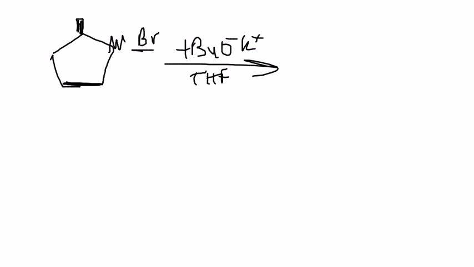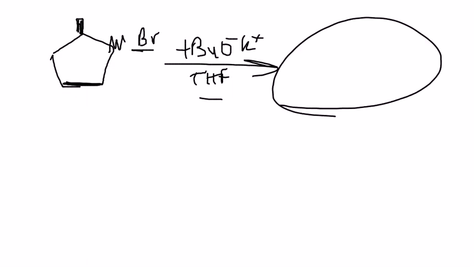I have a bromine attached onto a ring. We have a t-butoxide, again THF, and you have to predict the product. In this case, since it's a t-butoxide, that's a great base. It's not nucleophilic, so this is going to be an elimination reaction.